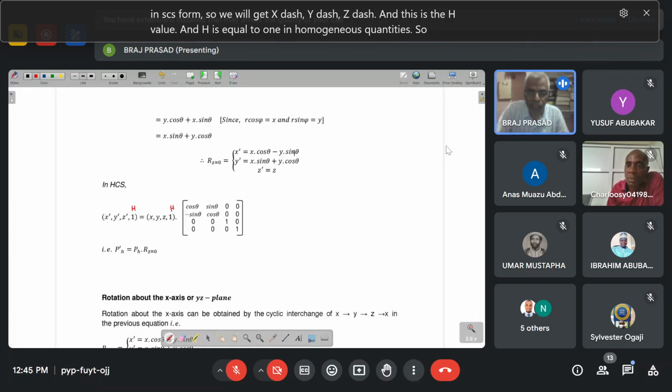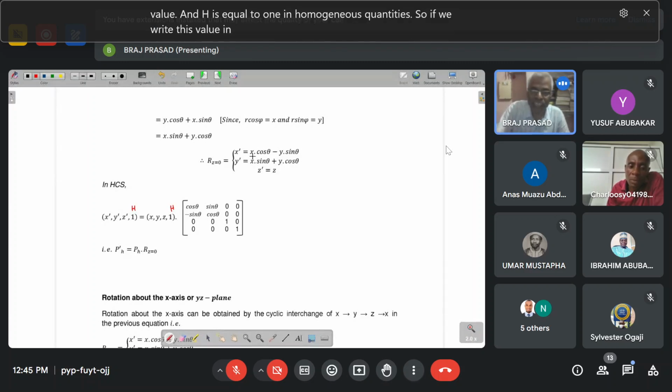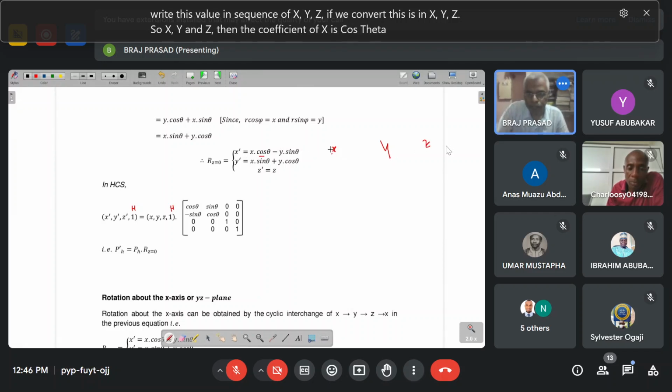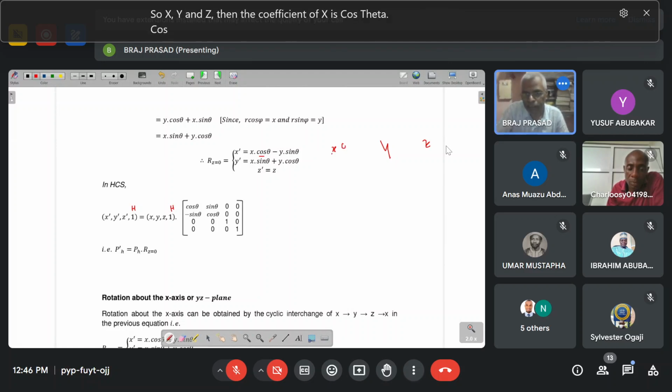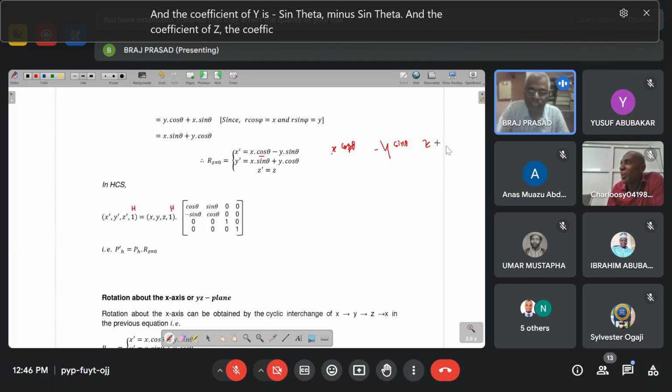So if we write this value in sequence of x y z, then the coefficient of x is cos theta, and the coefficient of y is minus sine theta, and the coefficient of z is equal to 0.